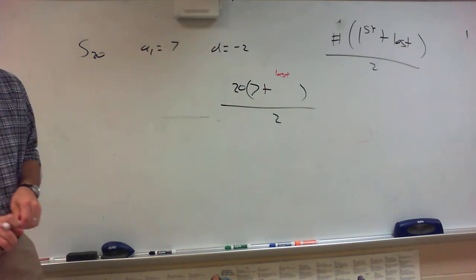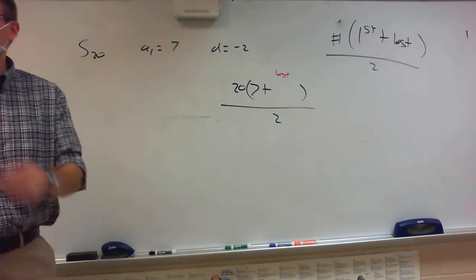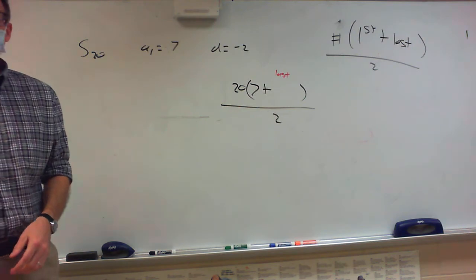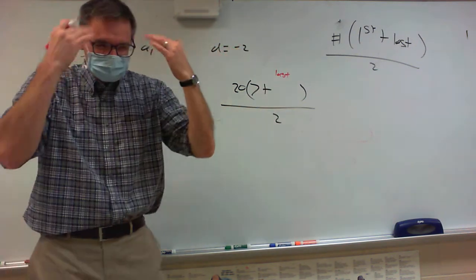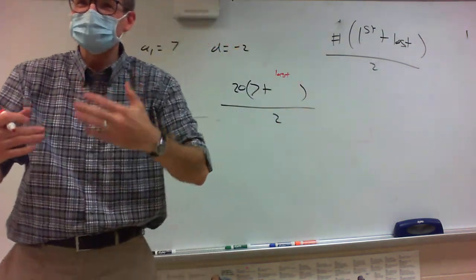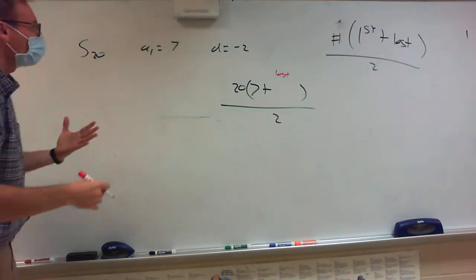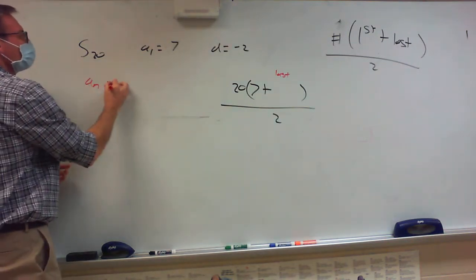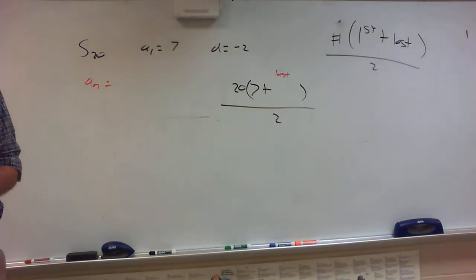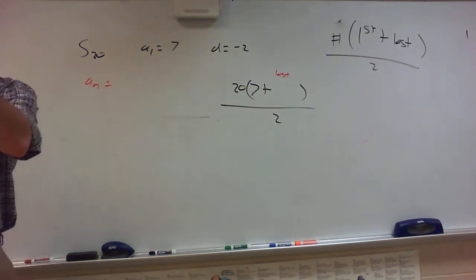Well, how do you find the last term? Oh, y'all remembered. We write our explicit formula. So A sub n equals, what's my explicit formula?